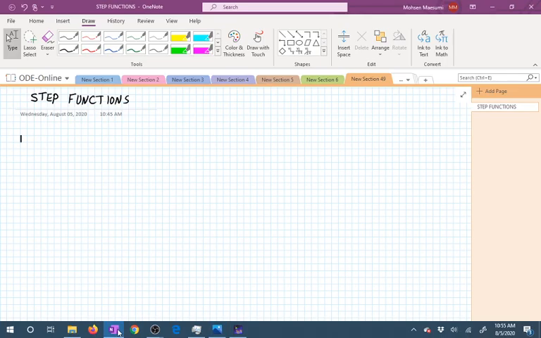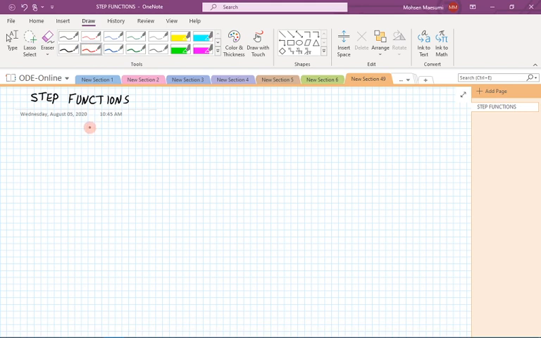Okay, a step function is a particularly simple function with a rather peculiar look. If we have our axes in the standard position, and this is the time axis, and this is some function, let's call it u, and that function is staying at 0 until a certain time c, at which it abruptly changes to a function with a height of 1.